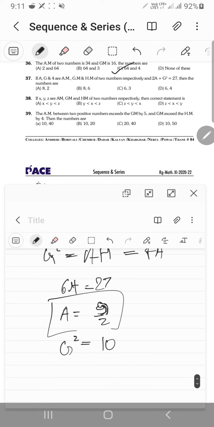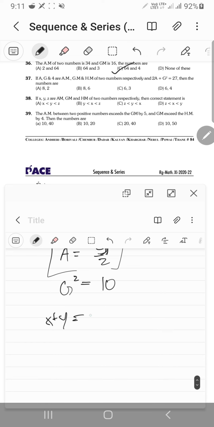And that means the sum x plus y is 9, and x times y is 10. What numbers have this property? 10 and 1, maybe 10 and minus 1? No. These add up to 9.